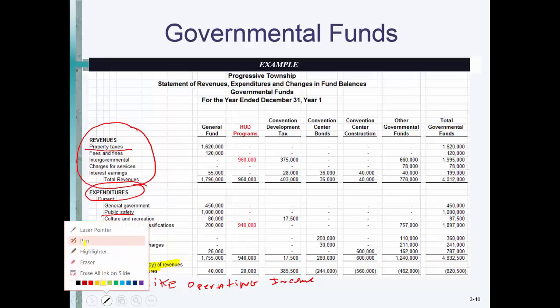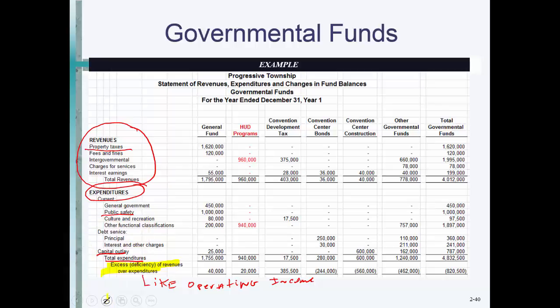I promise you that on your exam, I will ask you what is the amount of excess deficiency of revenues over expenditures, and I'll give you a listing of items, and you're going to have to find the revenues and expenditure items that would have generated that, and you would, of course, ignore any other financing sources and uses that are listed there because they don't enter into that calculation, do they? Right? It's revenues minus expenditures.